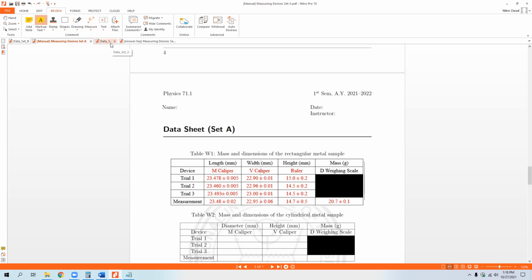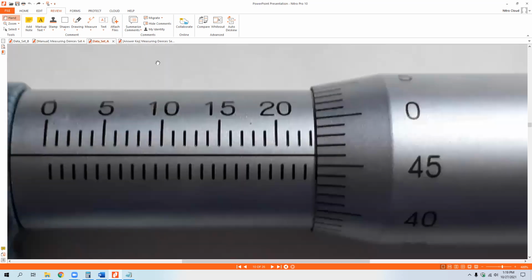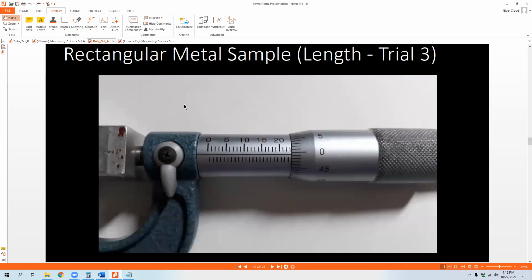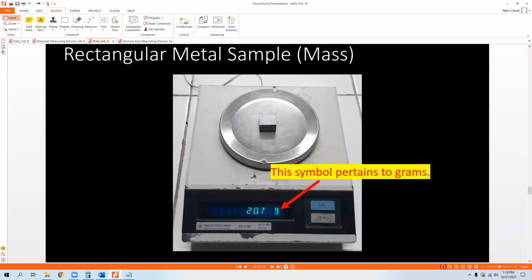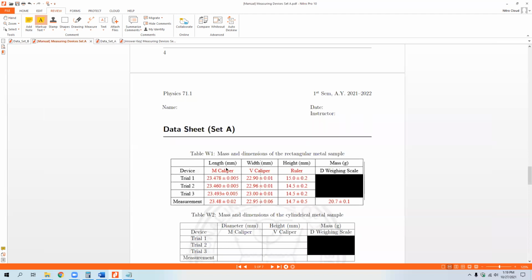O kung hanggang saan may significant value si central value. So, let's go to our data set. Dahil digital tayo, you just read it. That's it. Babasahin lang. 20.7 plus minus 0.1. So that's how you measure the mass.